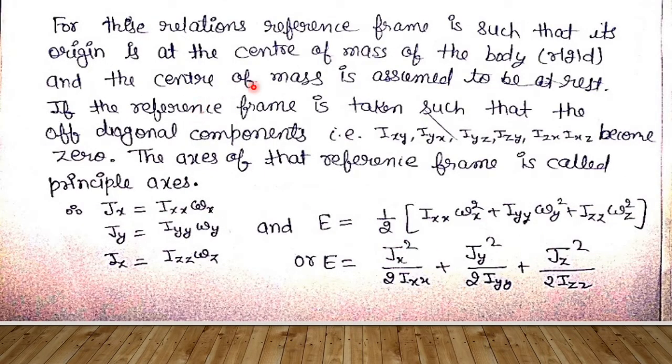Now for these relations, the reference frame is such that its origin is at the center of mass of the body, and the center of mass is assumed to be at rest.